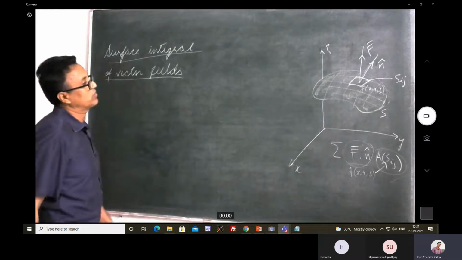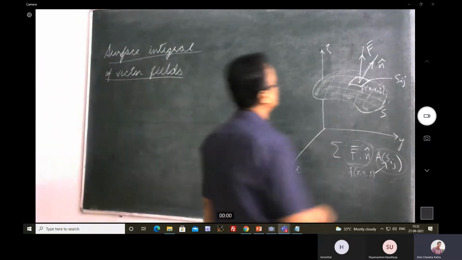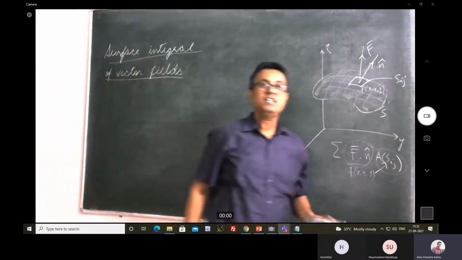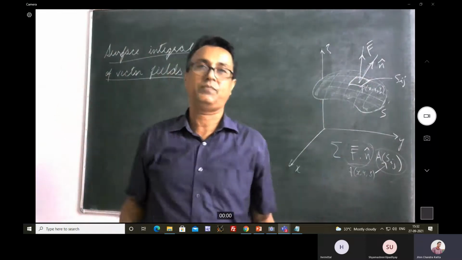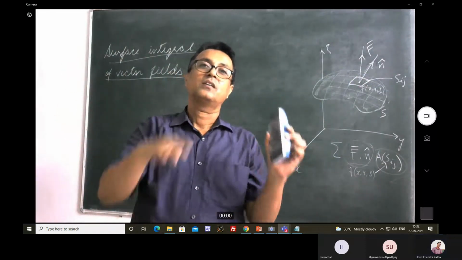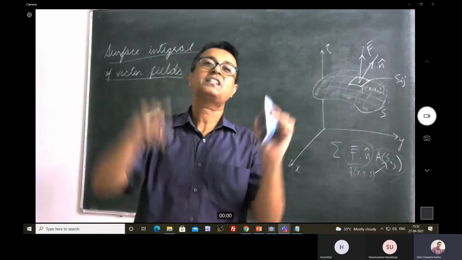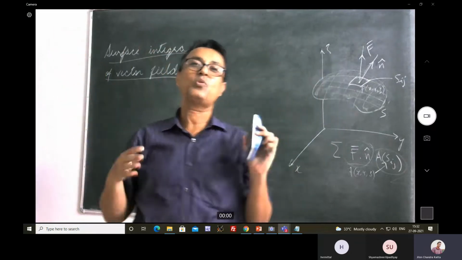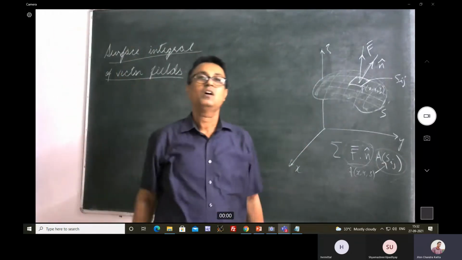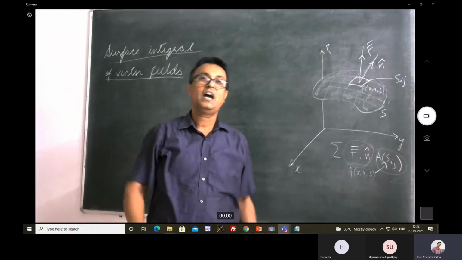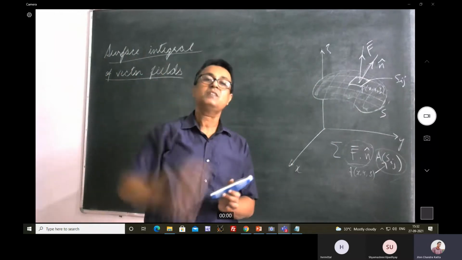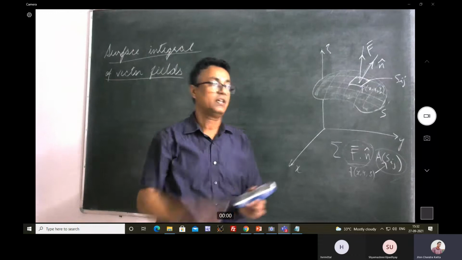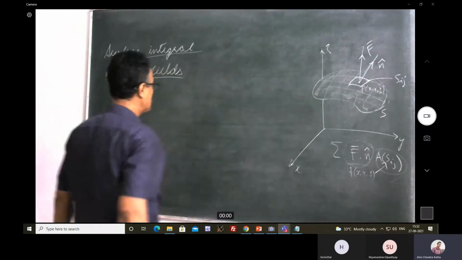Suppose this surface is like a net or a curtain, an imaginary net in some fluid. Let's suppose it is immersed in some water, and water is flowing over that imaginary surface.